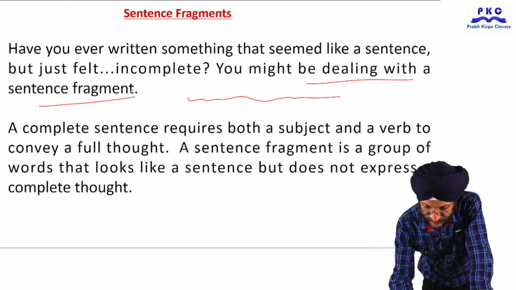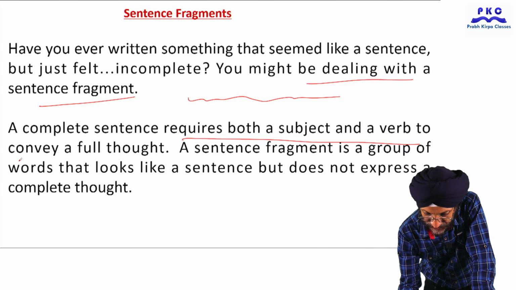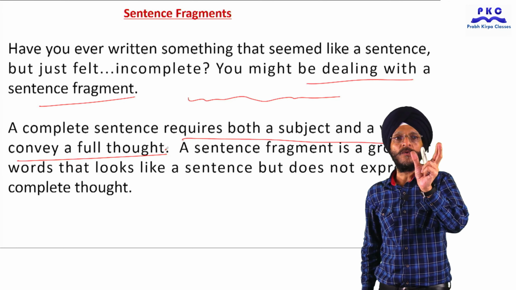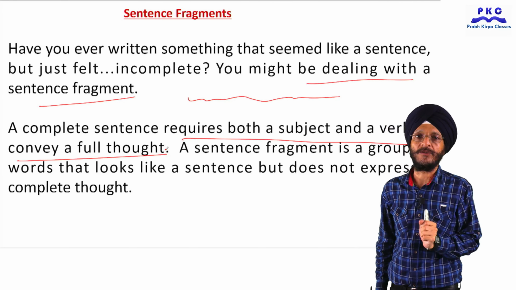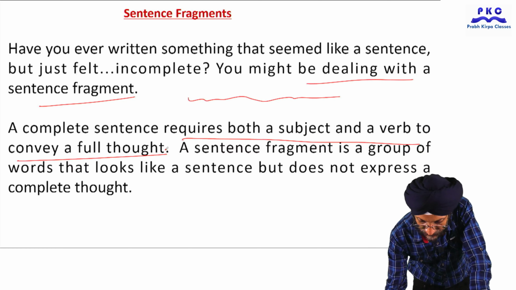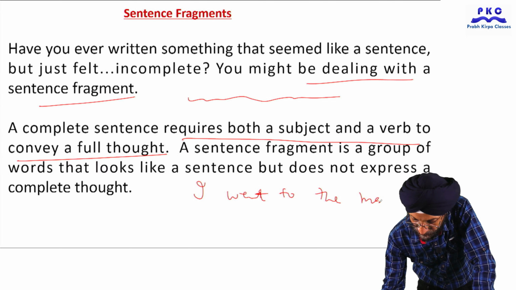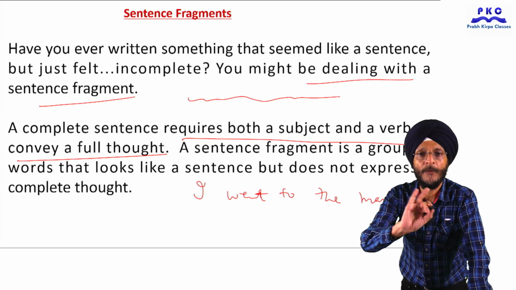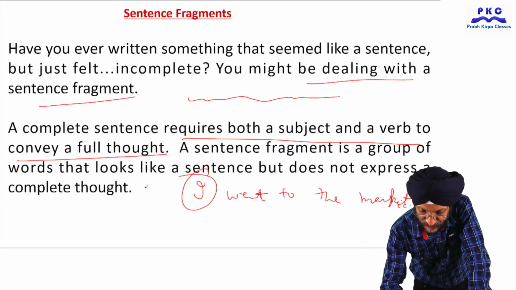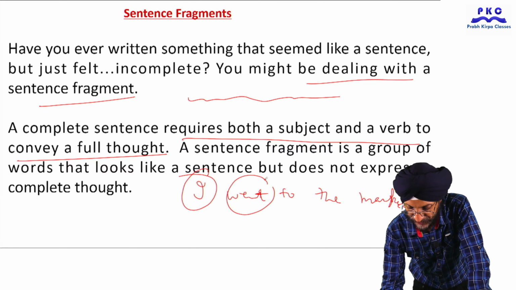A complete sentence requires a subject and a verb to convey a full thought. What does it mean? I went to the market. It is a full, complete sentence. I is a subject, went is a verb.